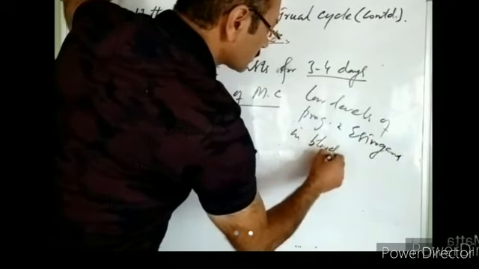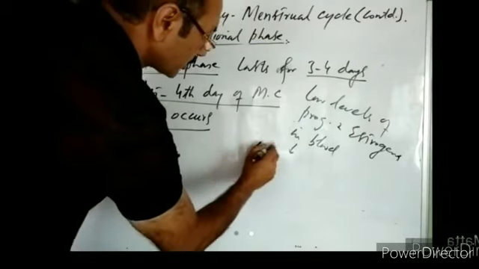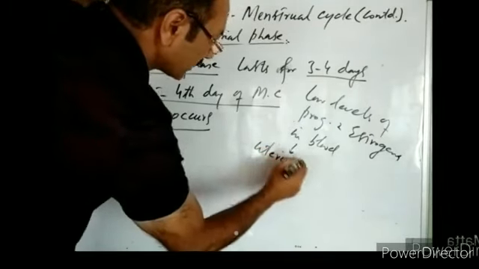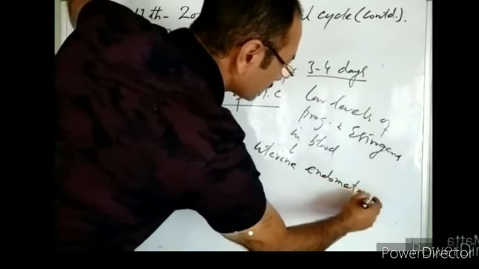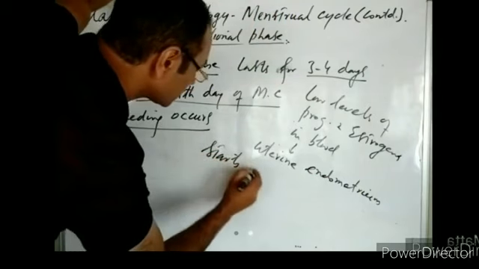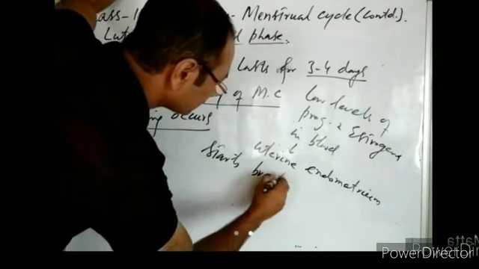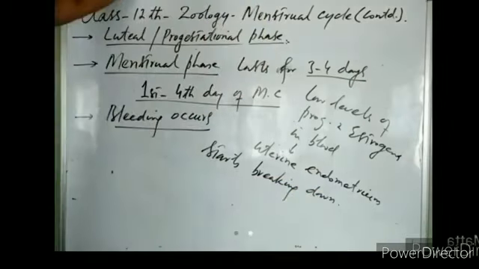Due to low levels of progesterone and estrogens in blood, uterine endometrium suffers breakdown, right? It suffers breakdown.